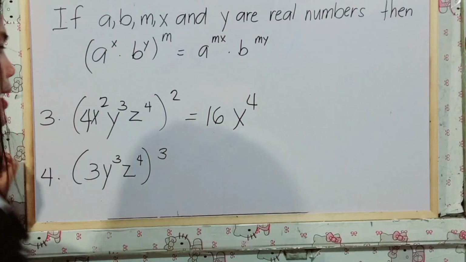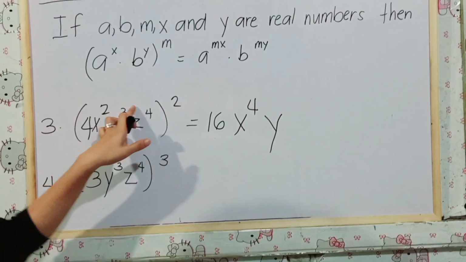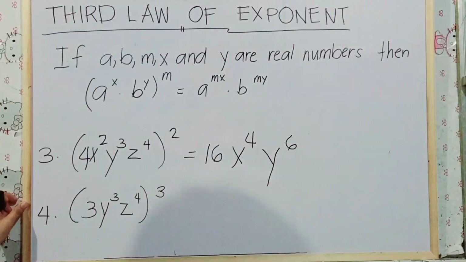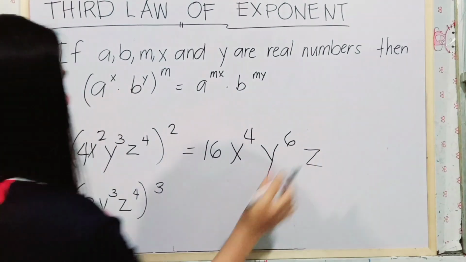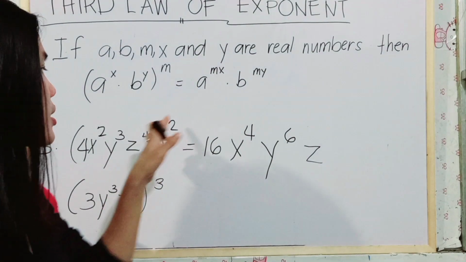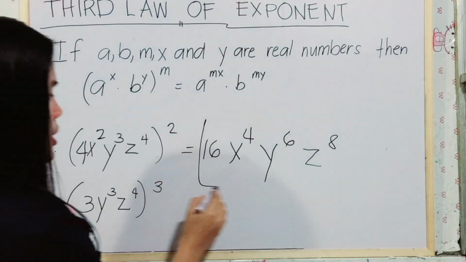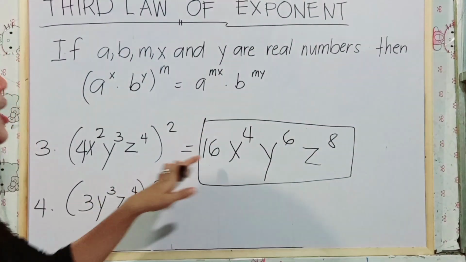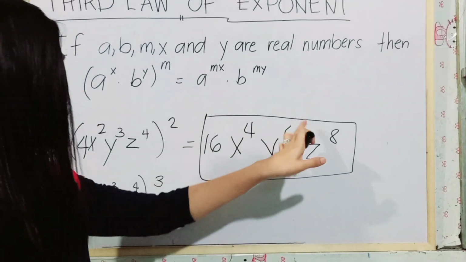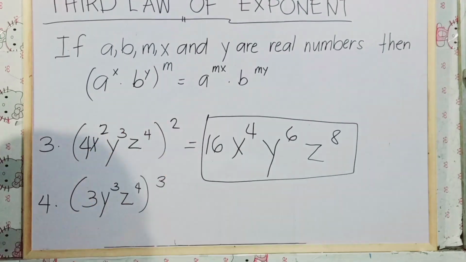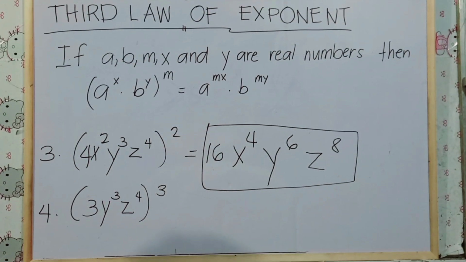And then copy y. Multiply the exponent. 3 times 2 is 6. And then copy z. Multiply the exponent. 4 times 2 is 8. So our final answer is 16x^4 y^6 z^8. Applying this third law of exponent.